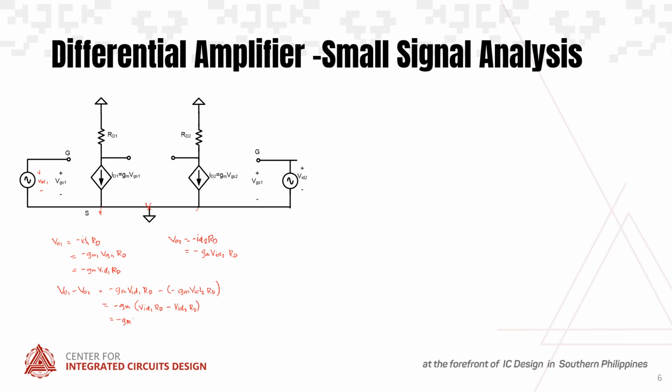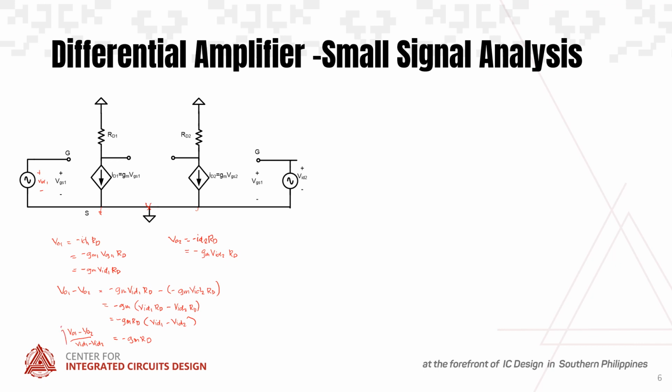So negative GM RD times VID1 minus VID2. And with that, the ratio of VO1 minus VO2 over VID1 minus VID2 is equal to negative GM RD.